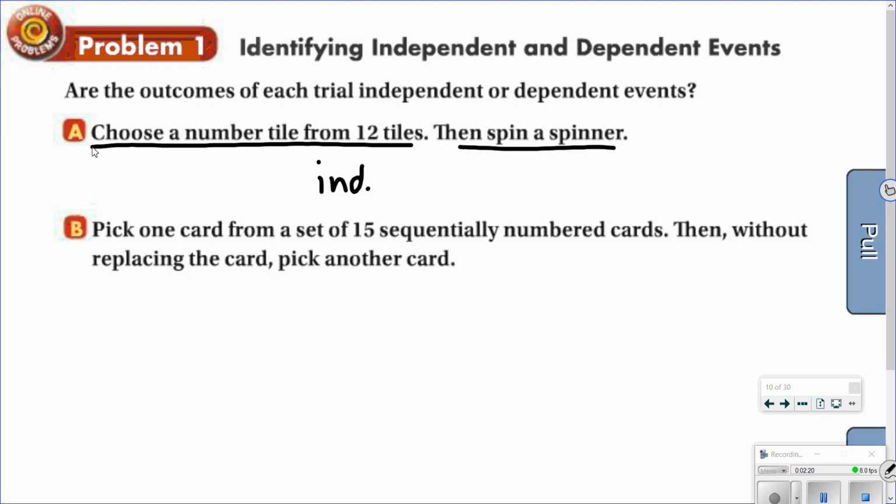If you think about that for a second, if I pick a number card from a set of 15 sequential number cards, say I pick the number 5 and I take that out and I don't put it back, then when I go to draw the next card, instead of being out of 15, it's only going to be out of 14, and that number 5 card is no longer available. So what happens with the first event affects the probability of the second event. It changes the odds of getting something. So those would be dependent. Again, the question you're asking yourself is, does the first one affect the second one?